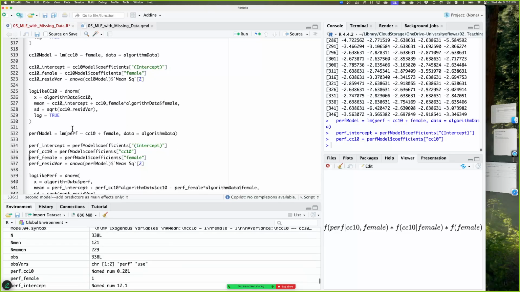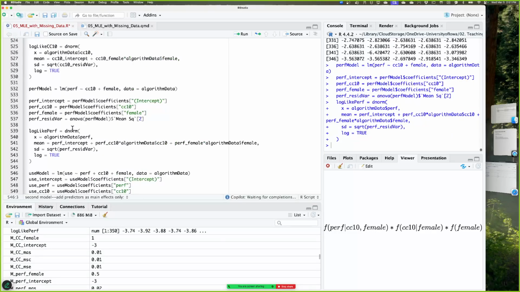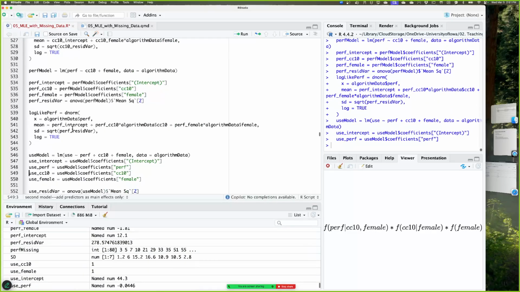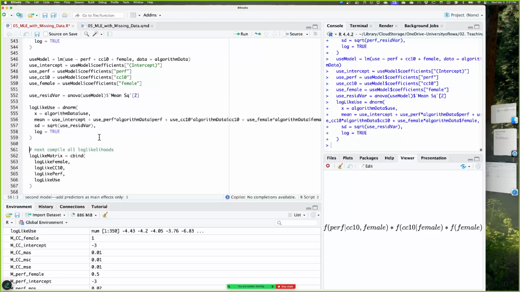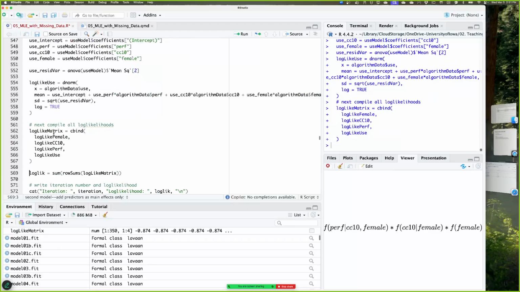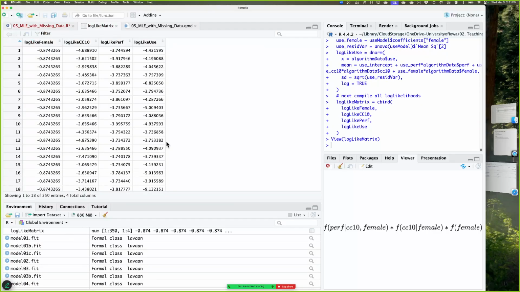This is going to get really repetitive. Same thing with the performance model: update parameters, update log likelihood, and our usefulness model, update parameters, update log likelihood. Now we've run 4 regressions and calculated 4 sets of log likelihoods. I put that into something called a log-like matrix. So this is each person's log likelihood under each of our factored regression models.